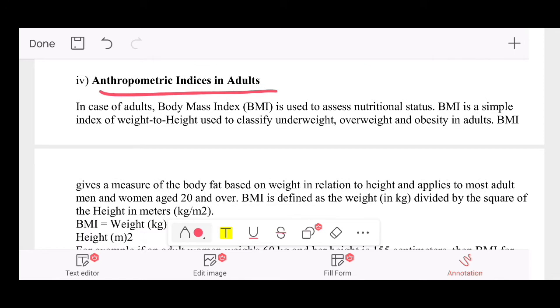In the case of adults, the body mass index, that is BMI, is used to assess nutritional status, whether they are in proper nutritional status or not. BMI is a simple index of weight to height used to classify underweight, overweight and obesity in adults.